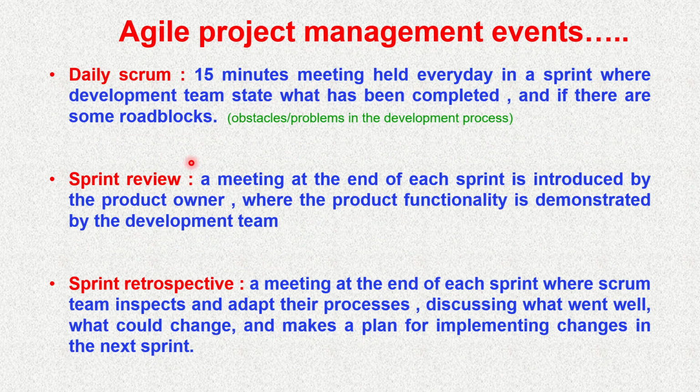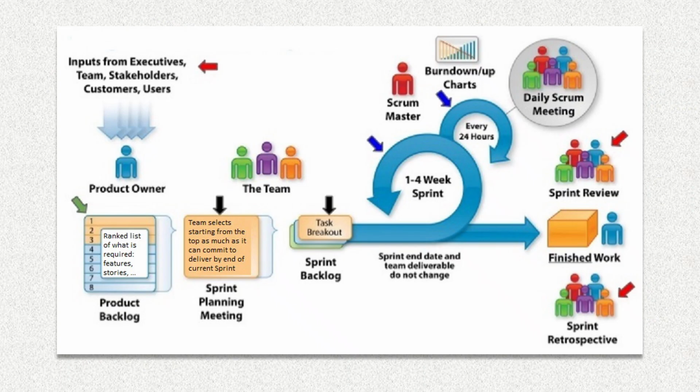Sprint review is a meeting at the end of each sprint introduced by the product owner, where the product functionality is demonstrated by the development team. Means we are going to show the customer how the project is working for that particular sprint. So at the end of the sprint, we discuss the project functionality.